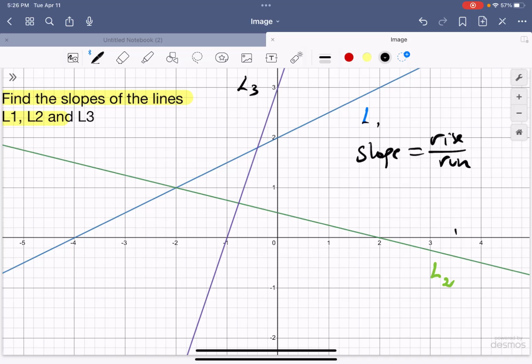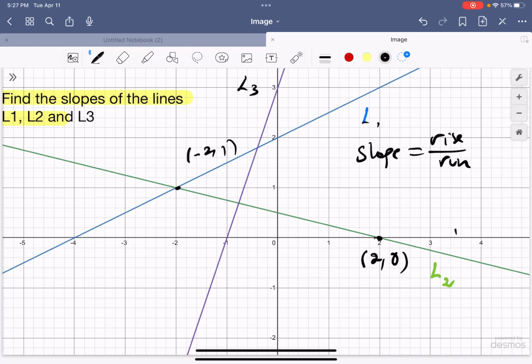So I'm gonna choose 2 points here, let's say this point here, which is (2, 0), and the next one is, let's say, for example, this one, which is (-2, 1).